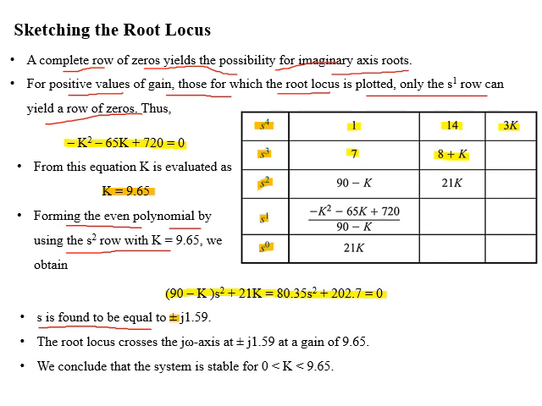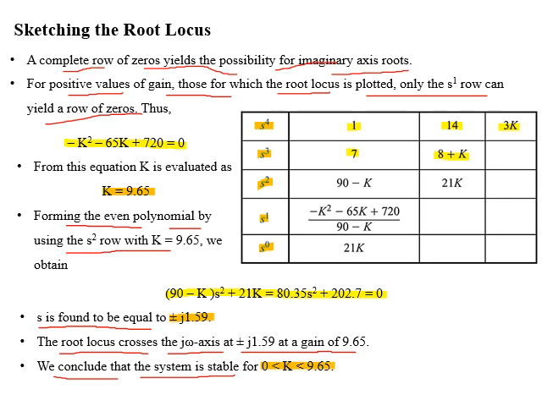Solving for the value of s is found to be equal to plus minus j 1.59, which will be the frequency of oscillation. So we conclude that the root locus crosses the j omega axis at plus minus j 1.59 at a gain of 9.65.